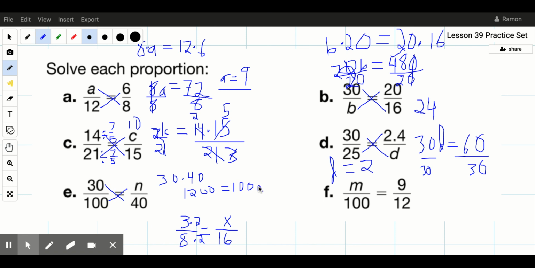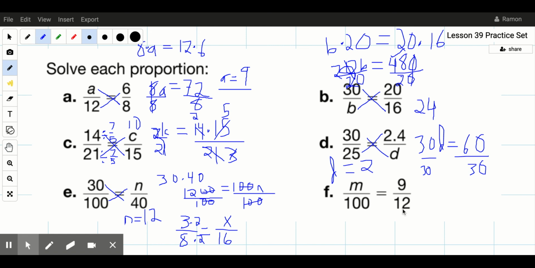Divide both sides by 100, and then just some simple mental math where we cancel out the zeros. N equals 12, which checks out with what we originally were looking for, a number that's less than half of 40, and 12 fits the description.